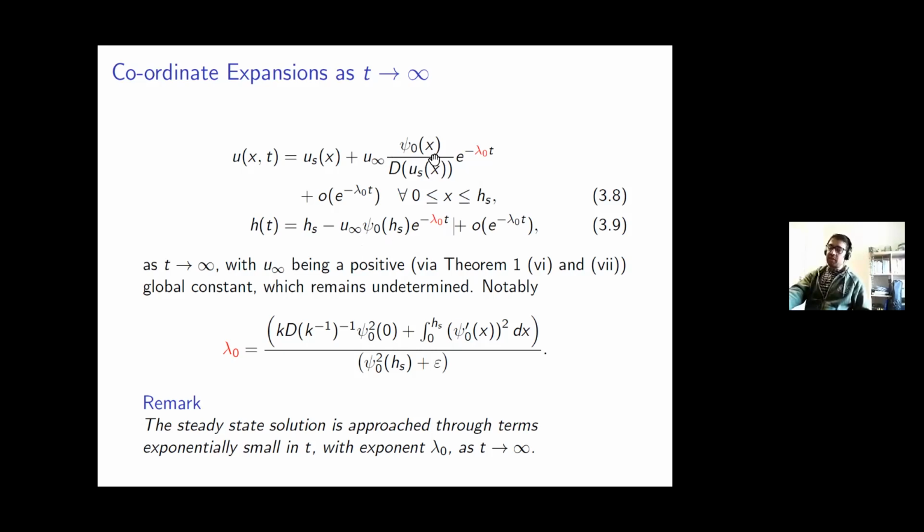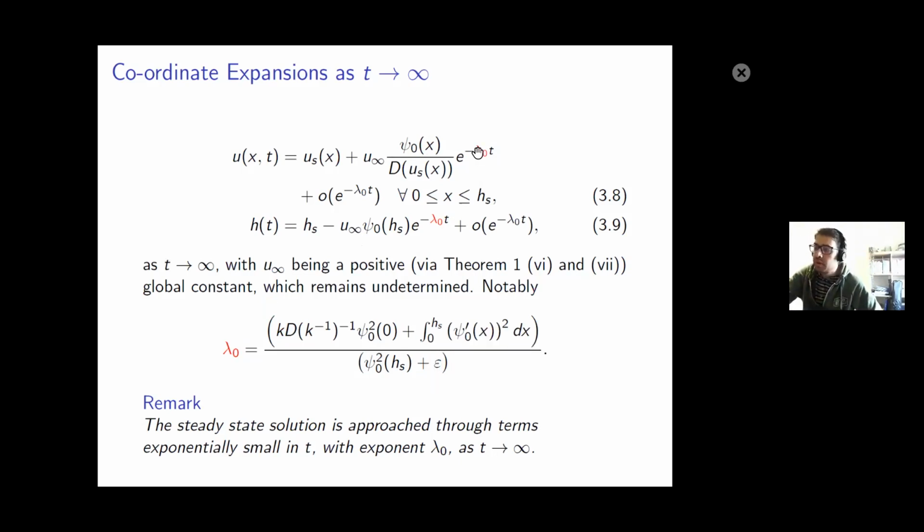Now here, lambda 0 is the smallest in magnitude eigenvalue we get from our eigenvalue problem that I've skimmed over. But you can see here that it's given by this. So for lambda 0, the numerator here is strictly positive because this quantity here is strictly positive. And since epsilon is strictly positive, the denominator is positive too.